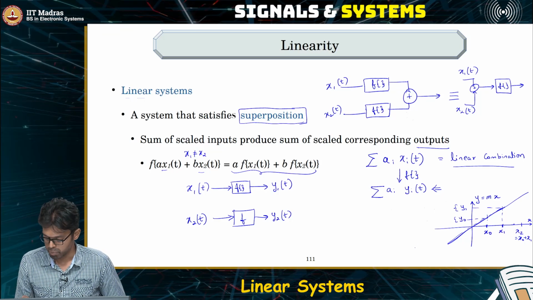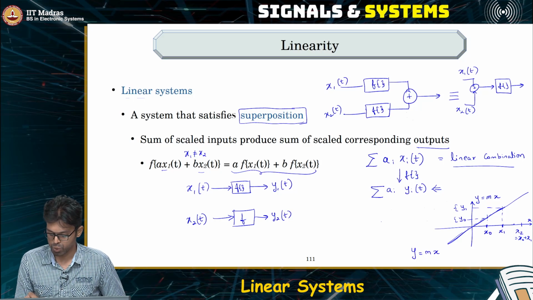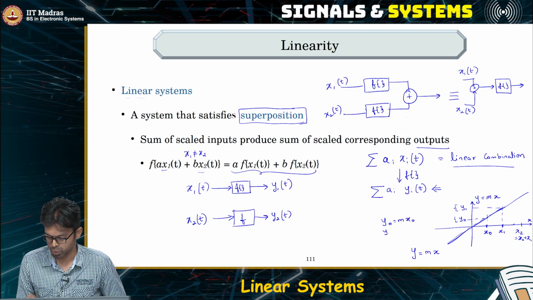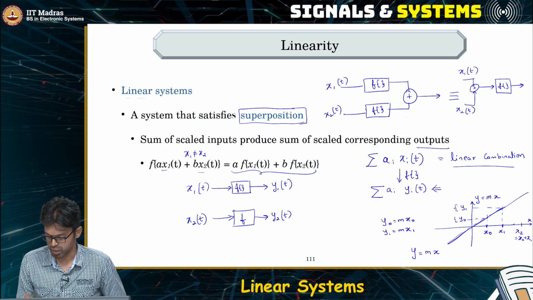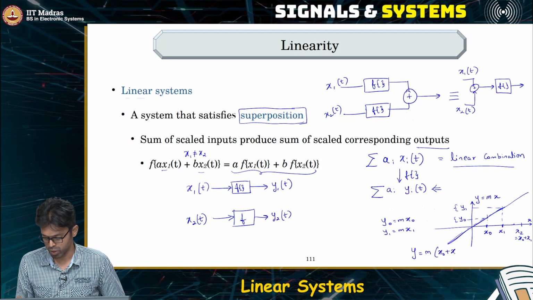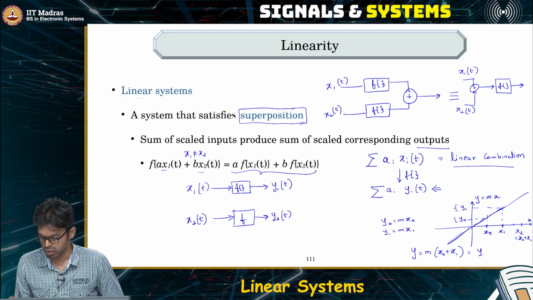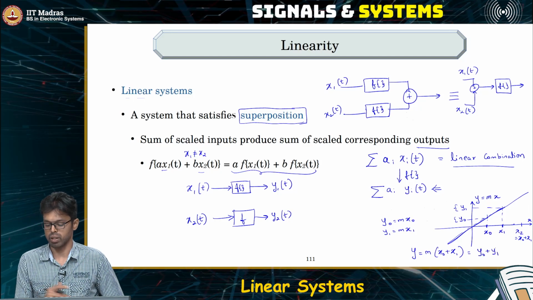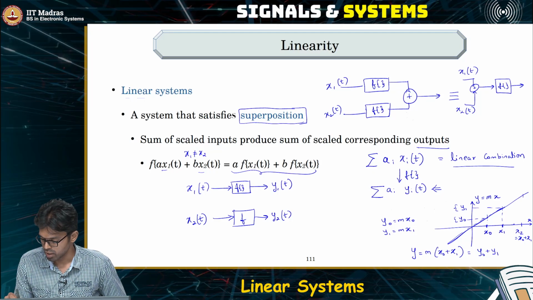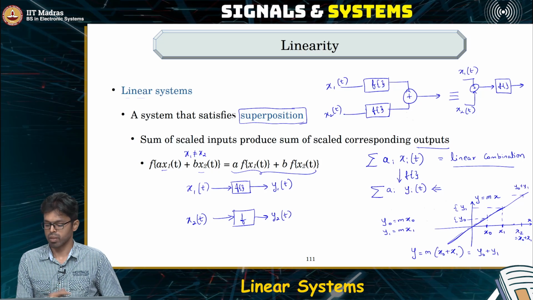Because y is equal to m times x, and you know that y0 is equal to m times x0, y1 is equal to m times x1. Y of x0 plus x1 is simply nothing but y0 plus y1, and this point is y0 plus y1.